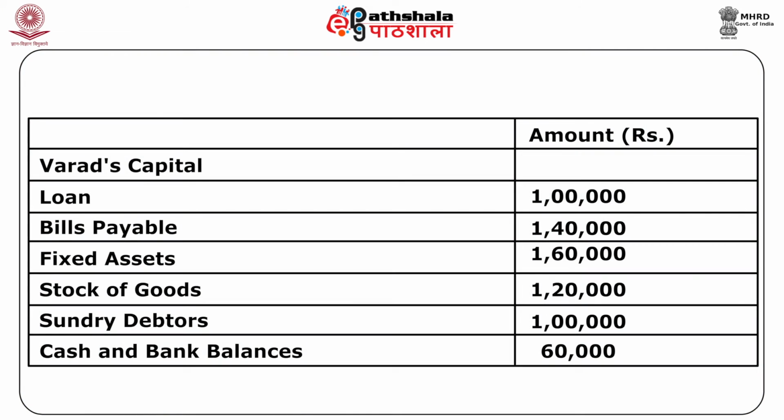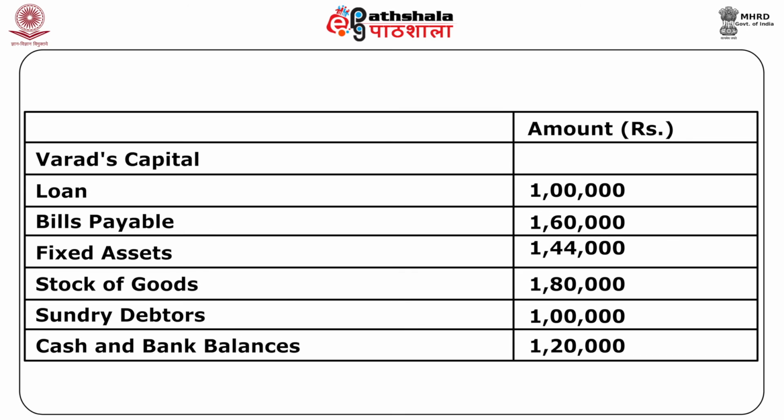Now take an illustration. Here the following information is available in respect of the business transactions of Mr. Varad appearing at the beginning of the year. Here Varad's capital, loan amount is 1 lakh, bills payable 1,40,000, fixed assets 1,60,000, stock of goods 1,20,000, sundry debtors 1 lakh and cash and bank balances are rupees 60,000.